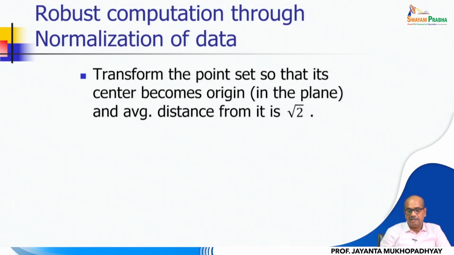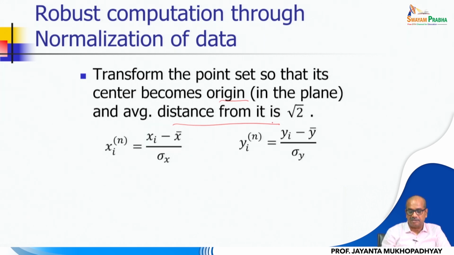That's why you consider one such transformation which makes it more robust, and in this case we transform the point set so that its center becomes the origin and the average distance from it is √2. This is the transformation usually we do.